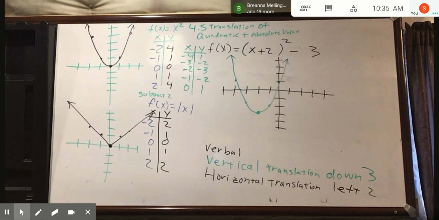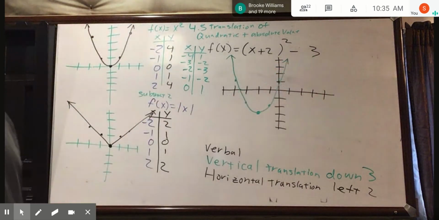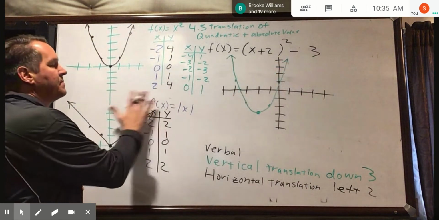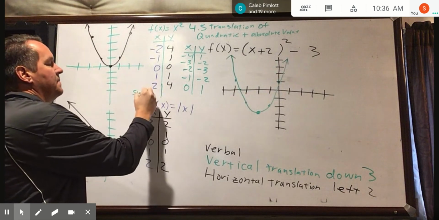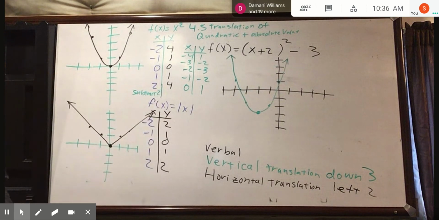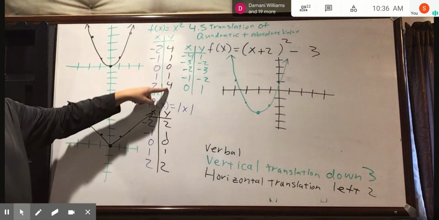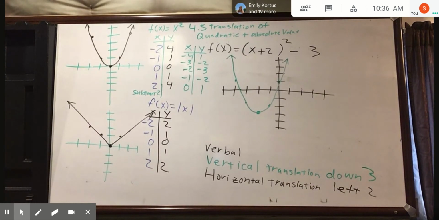Okay. What would I have to do to move my graph down 3? What would I do to my y values? Think about that. What would I have to do to my y values to make them go down 3? Vin, you want to take a guess at that?